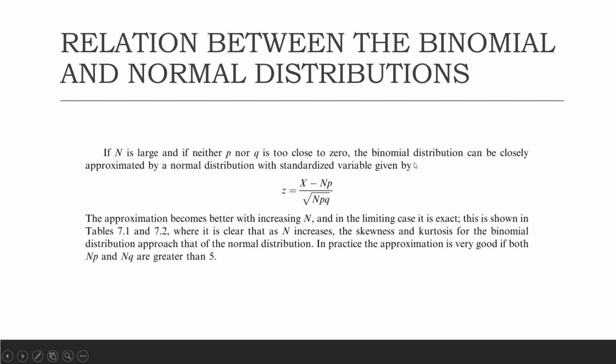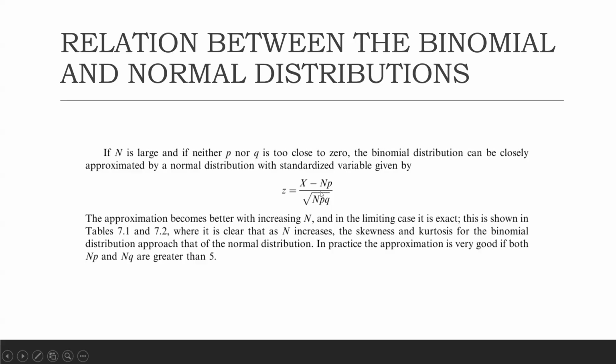The binomial distribution can be closely approximated by a normal distribution with the standardized variable given by z. Here z is x minus np. You know what np is? It is the mean value. This one is for the standard deviation.